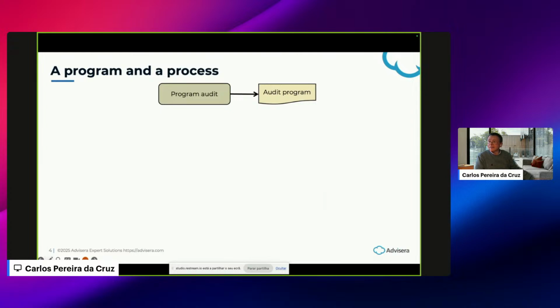So, as I said, let's see the internal audits as a process. The cornerstone of your audit process is the audit program. This program schedules all audits and their scopes over a specific period of time.